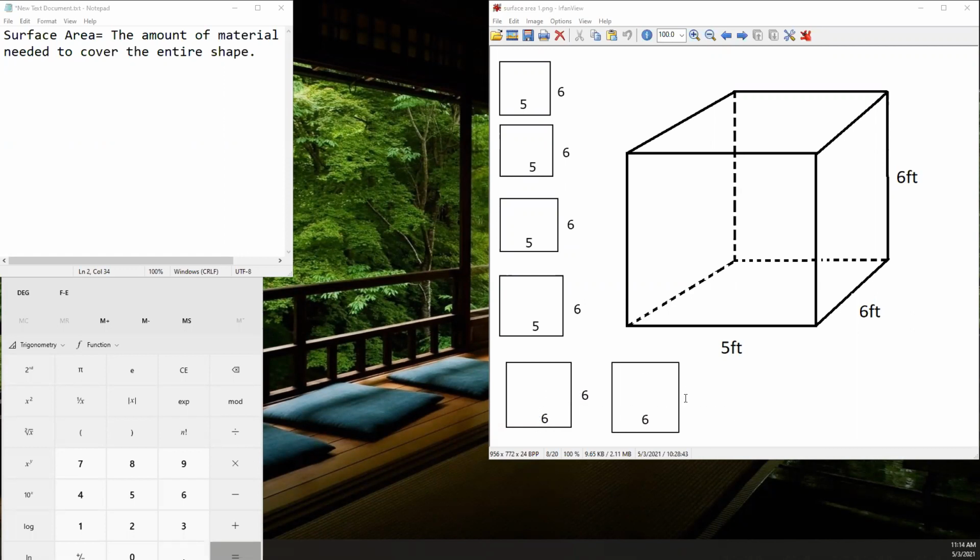Now I'll explain my reasoning here. So looking at this, if the bottom down here is 6, then across from it is also 6 feet, right? If this is 5, then across from it is 5. And if this is 6, above it is 6. If this is 5, then above it is 5. Right?